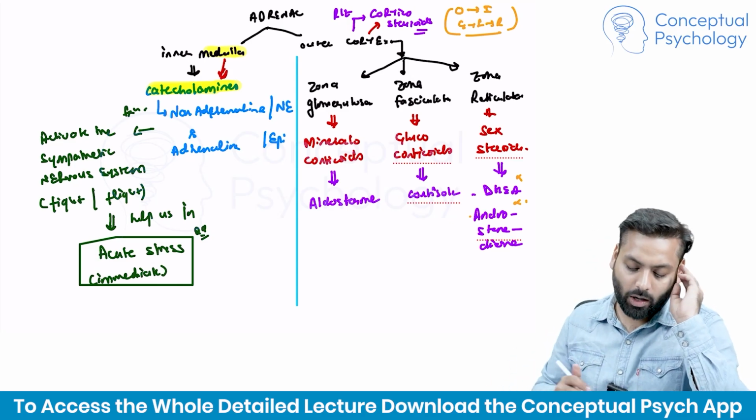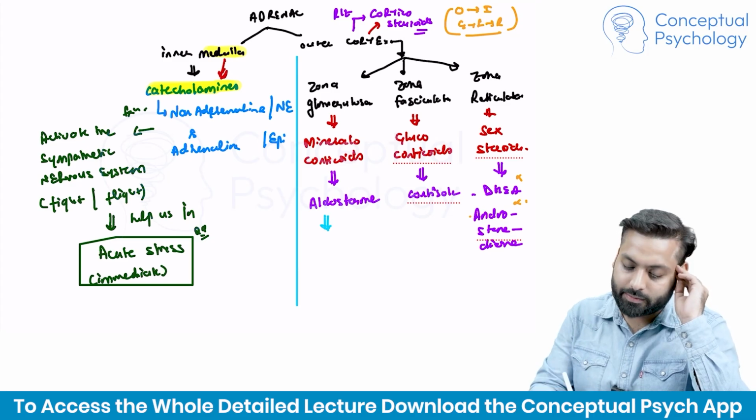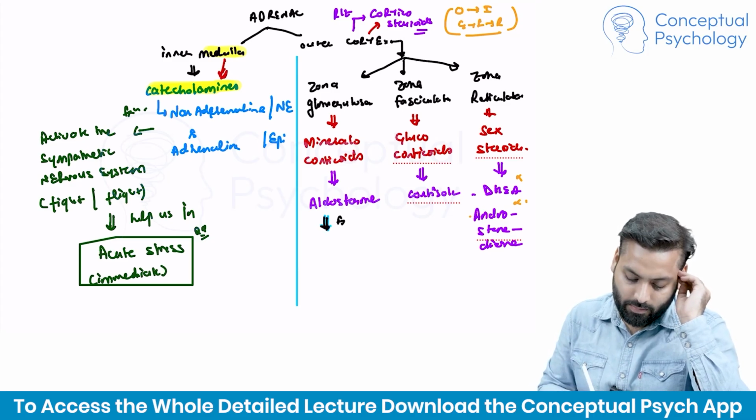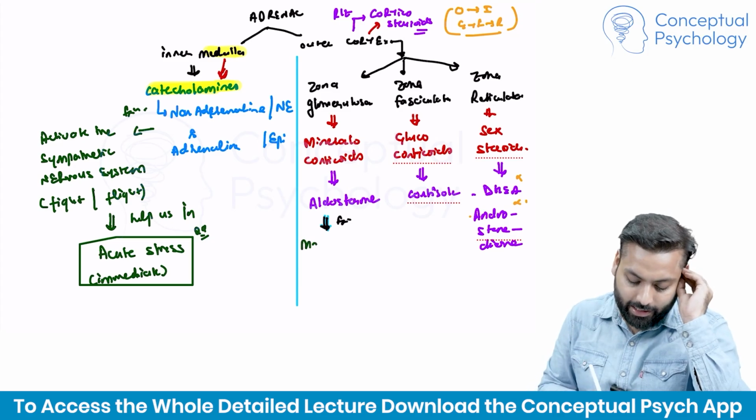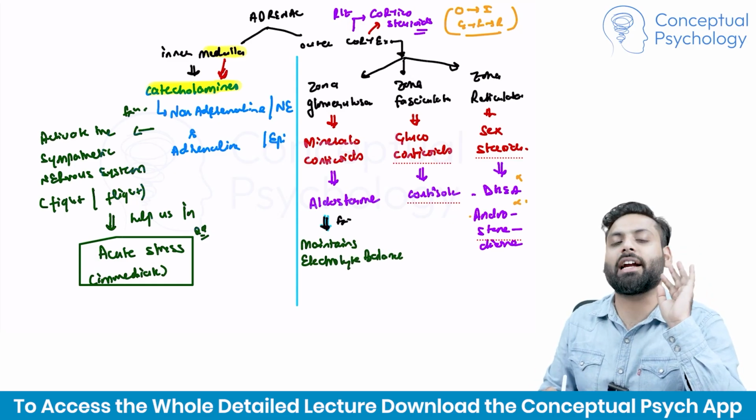Now, what is the function of aldosterone? It maintains electrolyte balance. What are the two main electrolytes in the body?